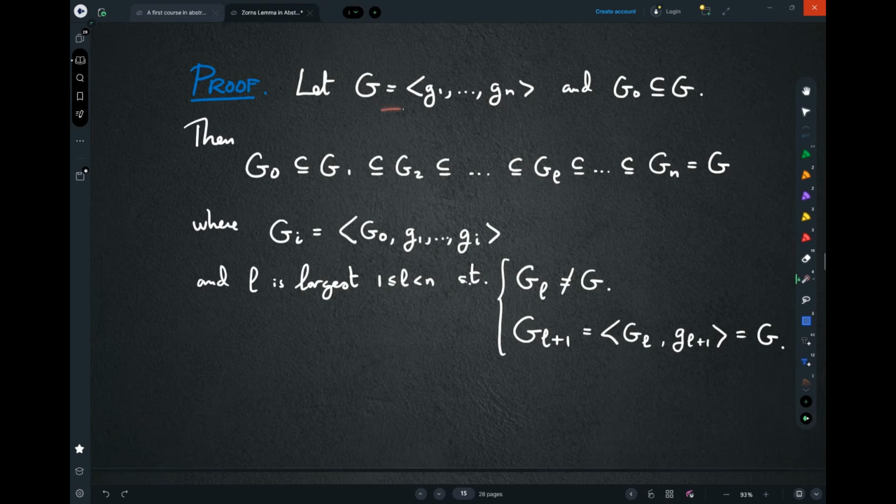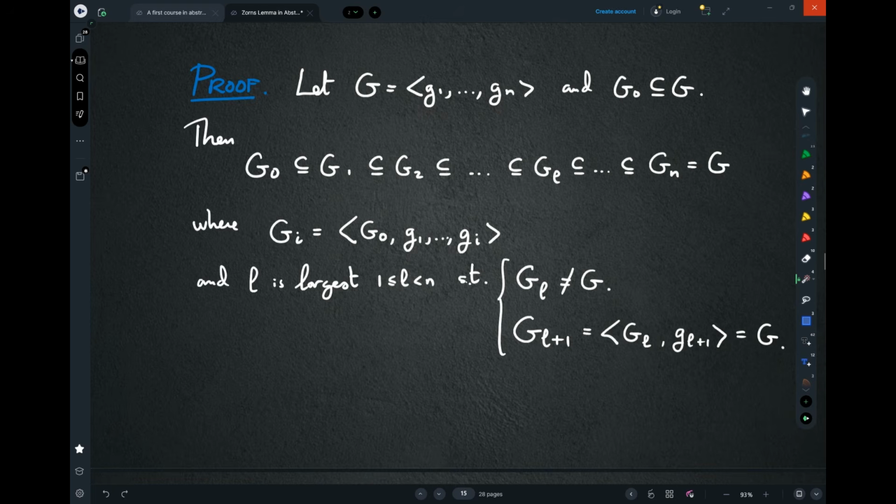Let G be finitely generated by g_1 through g_n, and let G_0 be the subgroup for which we want to find a maximal subgroup of G that contains G_0. First, we're going to generate a sequence of groups G_0 up to G_n, defined as follows. Define G_i as being generated by G_0 and elements g_1 through g_i.